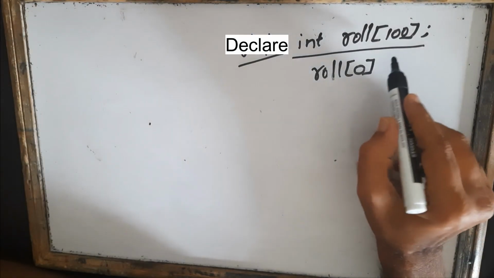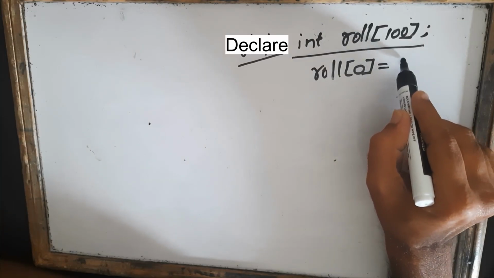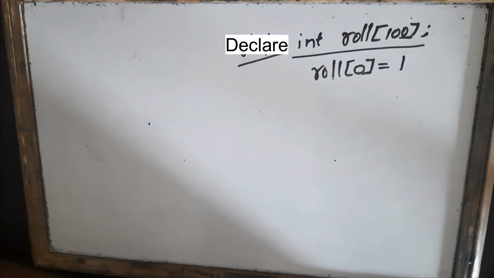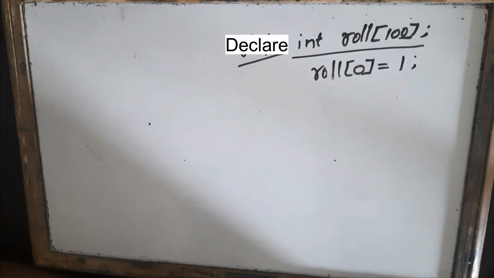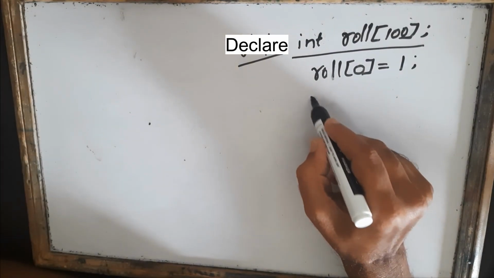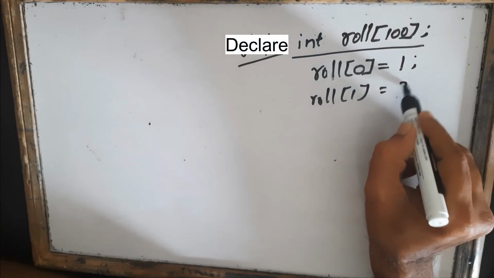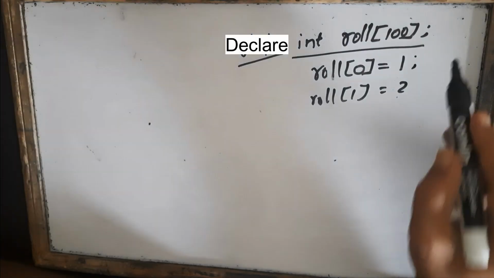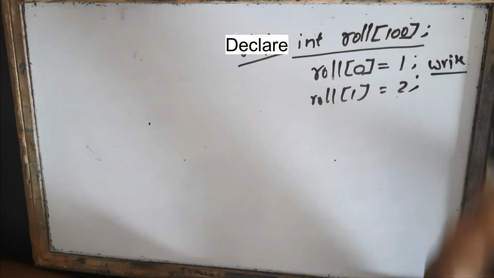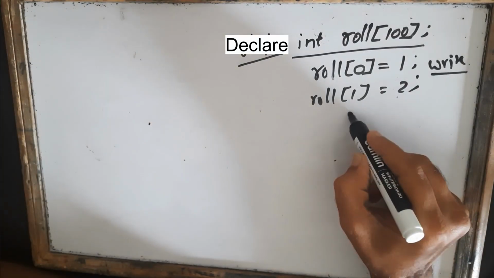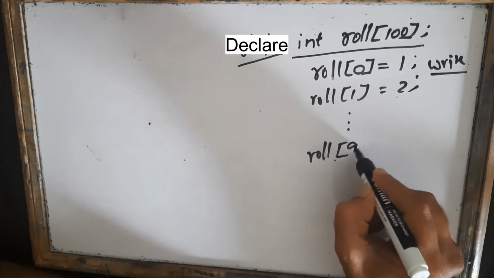Okay, say for example you want to save roll number 1, roll 0 is equal to 1. This is the first index. Then like this we can have roll 1 is equal to 2. Like this is the write operation to the single dimensional array. Like this we can have up to roll 99.